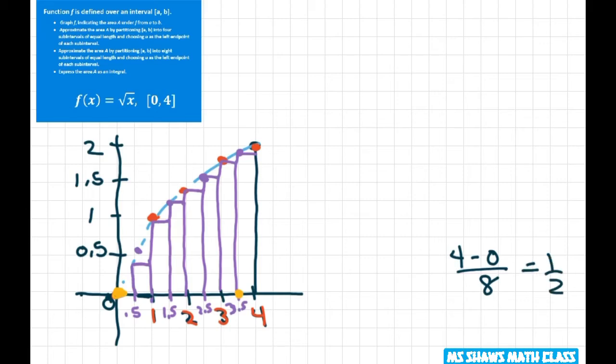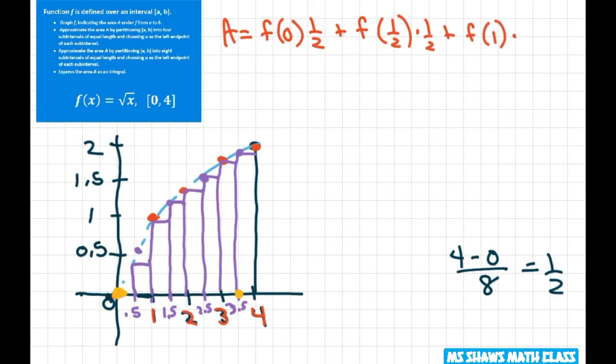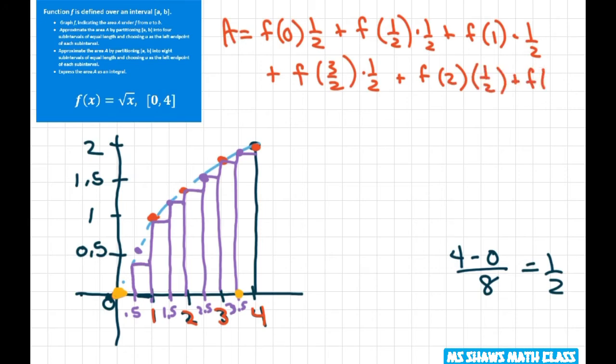The area is approximately f of 0 times 1/2, plus f of 1/2 times 1/2, plus f of 1 times 1/2, plus f of 3/2 times 1/2, plus f of 2 times 1/2, plus f of 5/2 times 1/2, plus f of 3 times 1/2, plus f of 7/2 times 1/2.